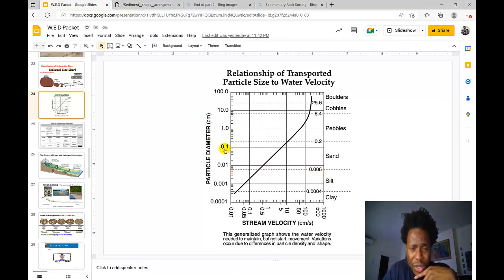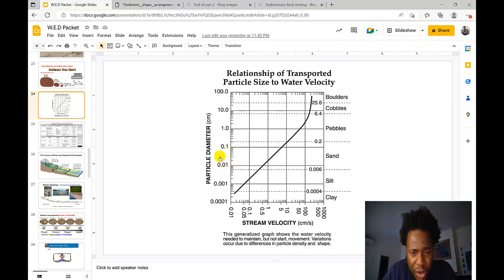So 0.05 would be something between 0.01 and 0.1. So this would be 0.5 right here, 0.05 right there. Then this would be 6, 7, 8, 9, 10 before we get to 0.1. So it's going to be something within this range between 0.01 and 0.1.